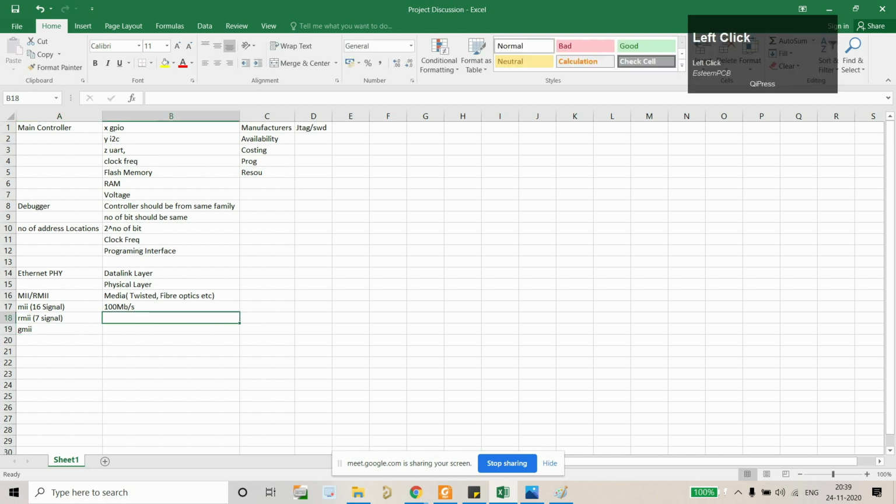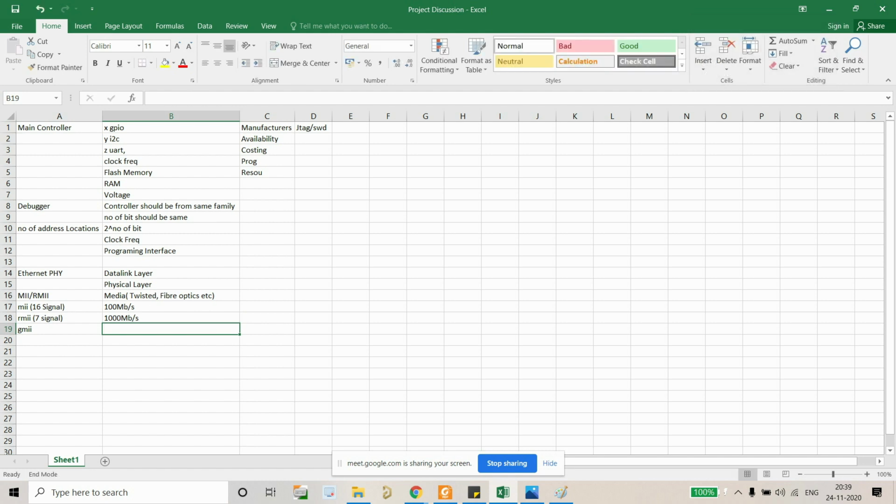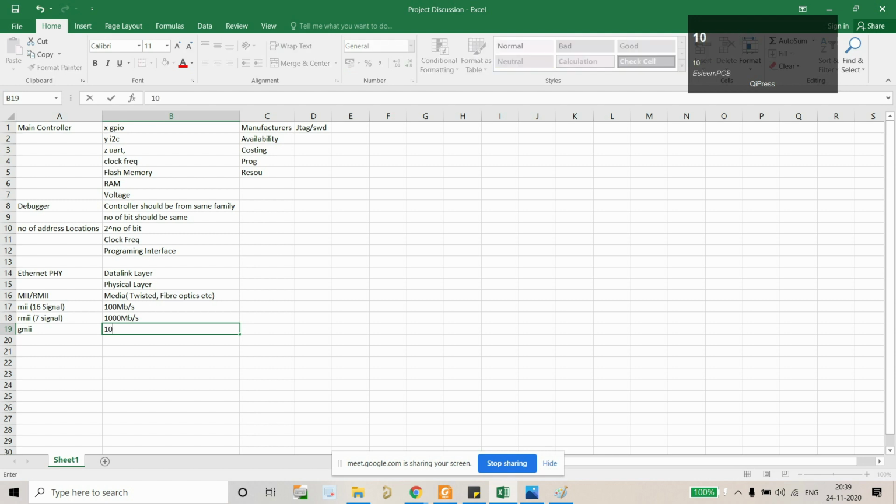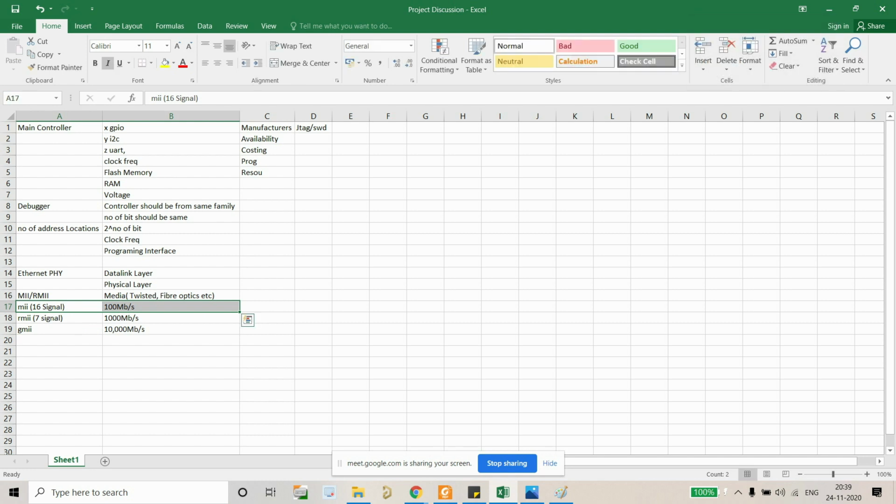And here again we can transfer up to 10,000 megabits per second. So this is kind of a multiplied transfer. Okay. So as per our requirement, this specification is suitable, and we're going to use the MII.